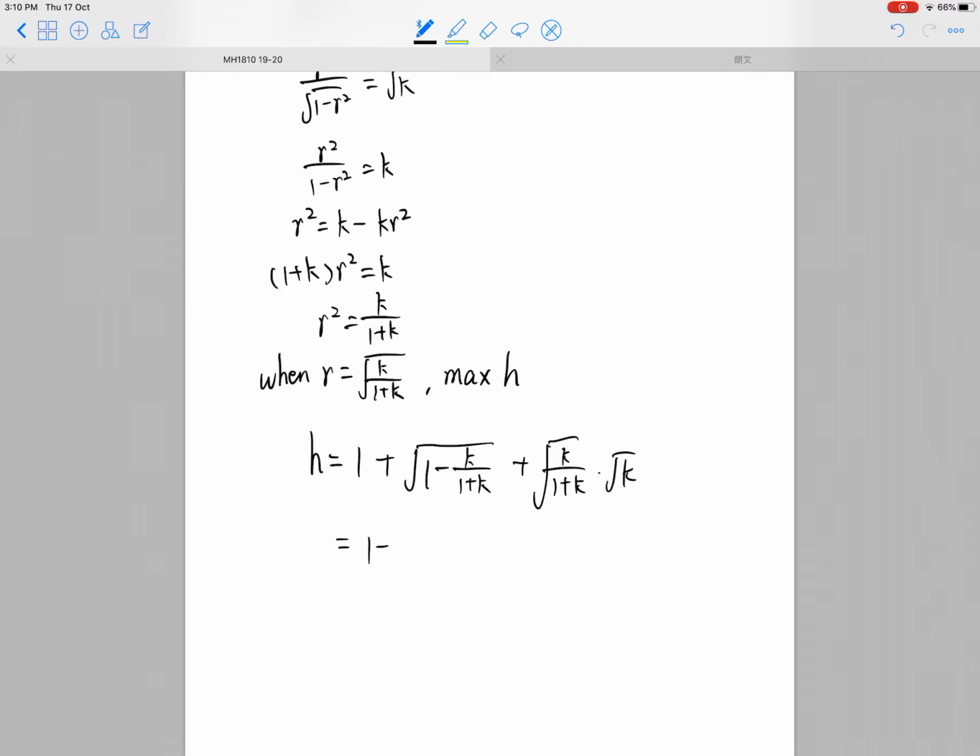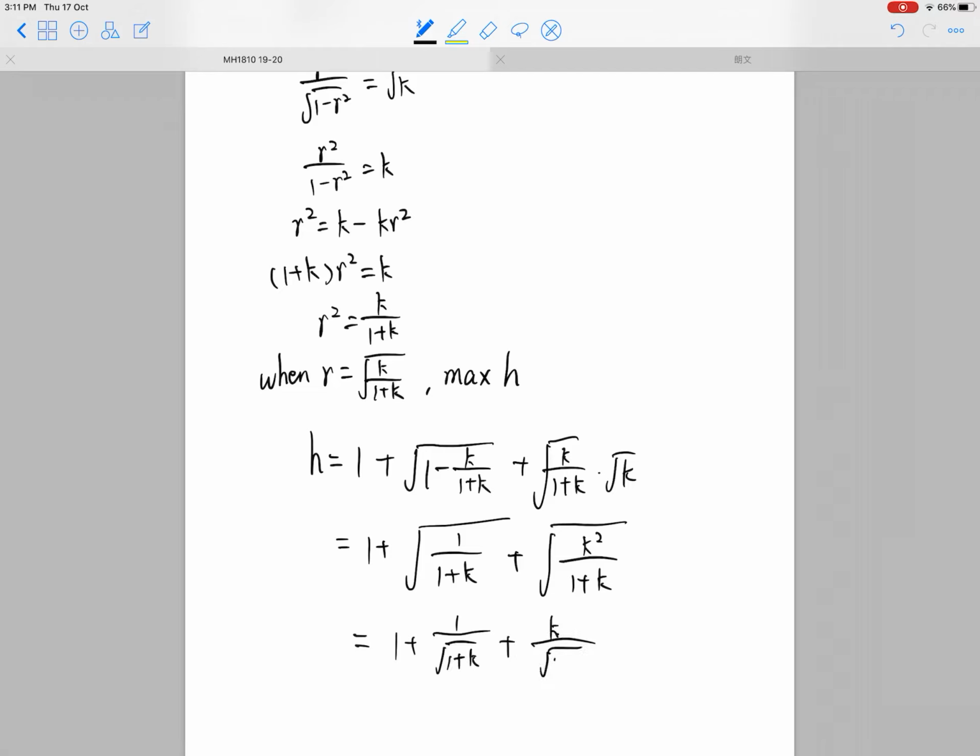It is 1 plus, okay, this part is 1 over 1 plus k. This part is k squared over 1 plus k, right? So this part is 1 over square root of 1 plus k. This part is k over square root of 1 plus k. So it's 1 plus 1 plus k over square root of 1 plus k. It is 1 plus square root of 1 plus k.